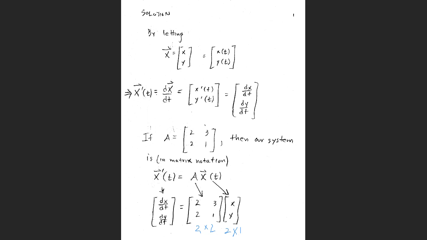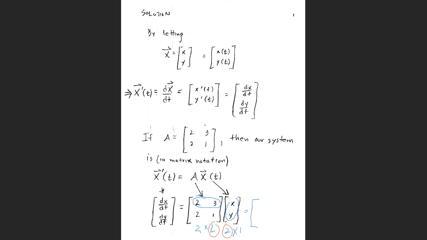And since the column number of the first matrix matches the row number of the second matrix, then we can multiply these two matrices. And when you multiply 2 matrices, you multiply the row times a column.